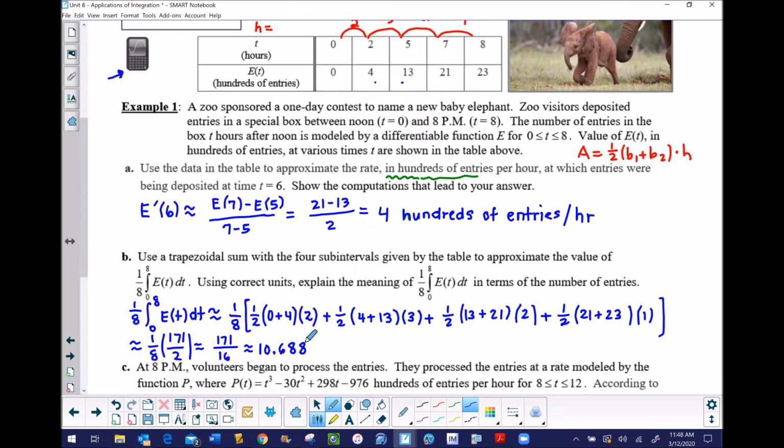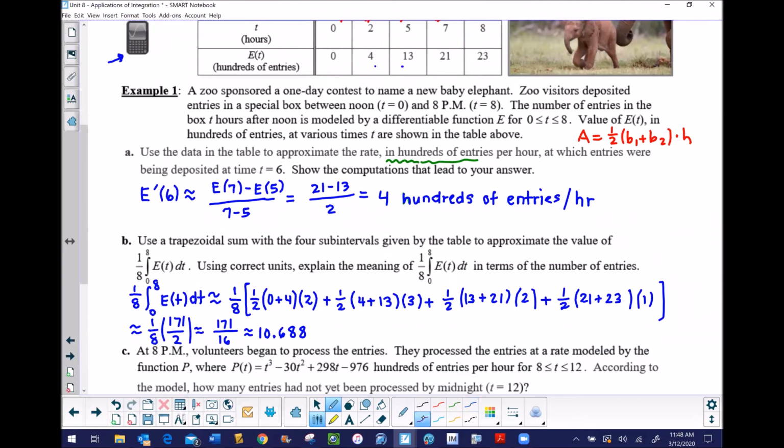But now we have to state, using correct units, what does this integral mean in terms of the number of entries? Okay, I'm going to write this in purple. So we've already said that this 1/8 means that we're going to have average. So we can just start it off by saying the average, and you can totally abbreviate, guys, the average number of entries.